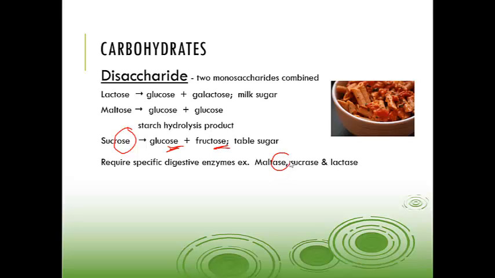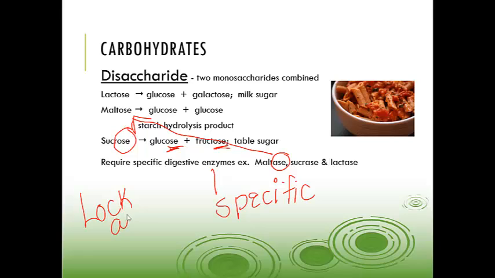Now, we know that enzymes are specific, and that there are only certain enzymes that break down certain substrates. So maltase is going to break down maltose because it's specific. And what helps us to remember that is the whole lock and key theory.